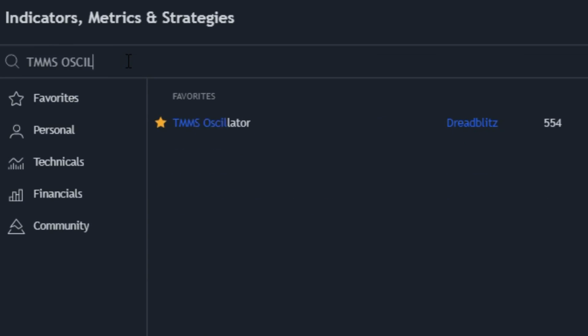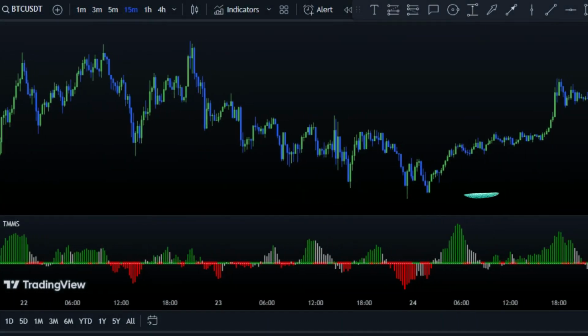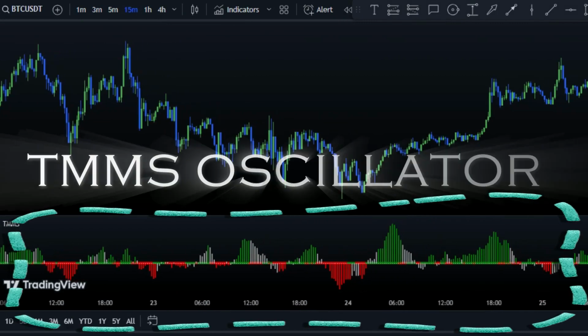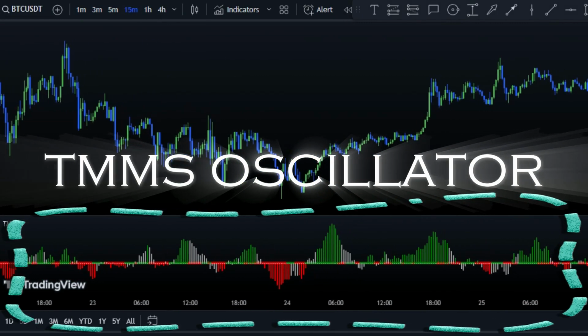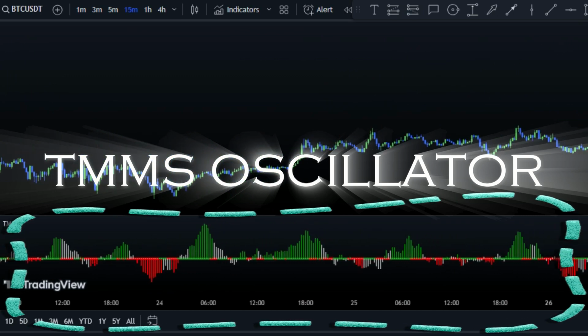Click on it to apply it to your chart. This innovative indicator merges two independent stochastic oscillators with one RSI, offering a comprehensive view of market momentum.